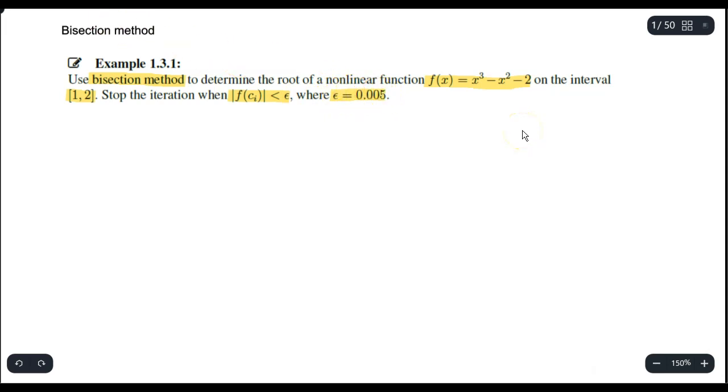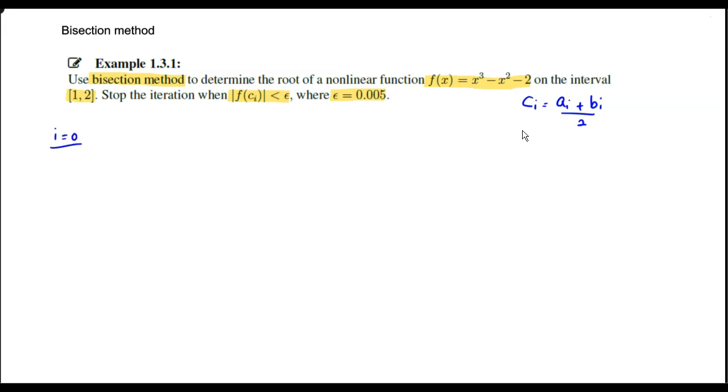Recall that the formula for the midpoint is c_i equals a_i plus b_i over 2, where i is the iteration number. So let us start with the first iteration, when i equals 0.